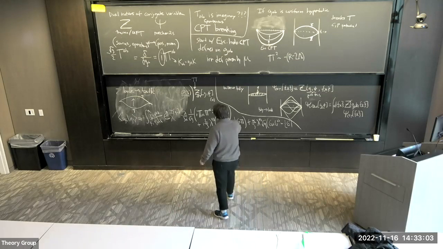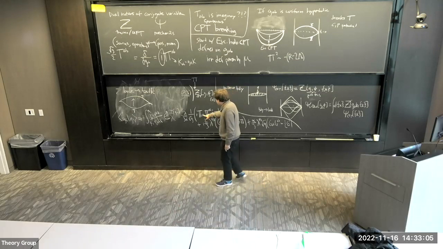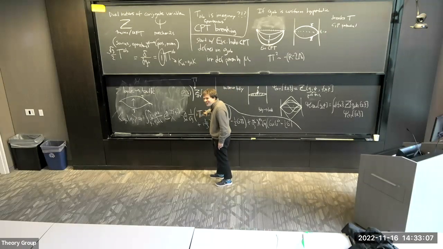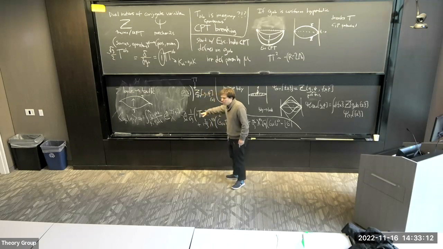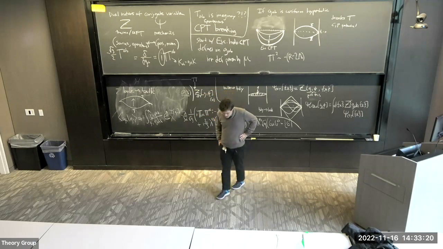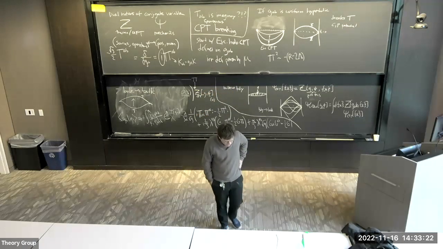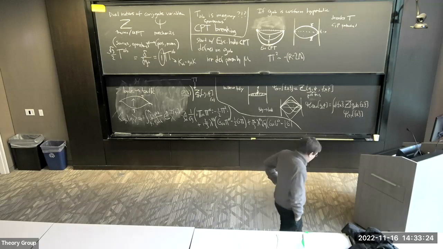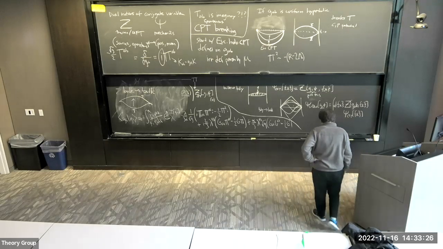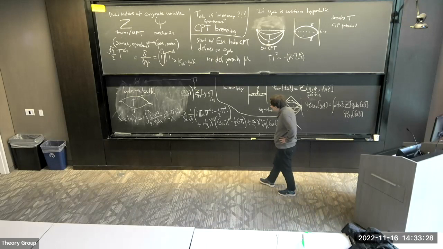I stealthily put this normal ordering around here. We believe that you can take into account 1/n corrections, which are like quantum loop corrections of the bulk, by treating this as a quantum operator. But its interpretation at finite n, it's not completely clear that this thing makes sense.